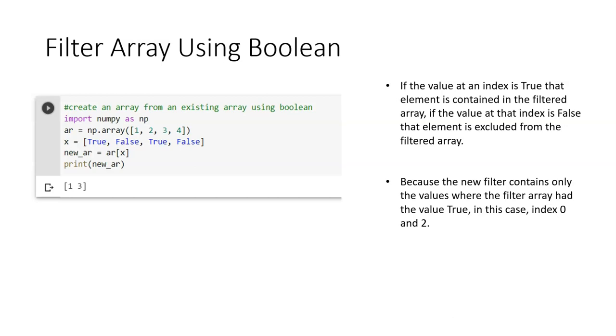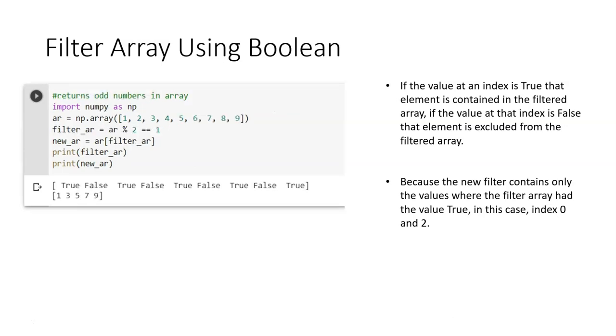Right? Here we are creating a new array itself using Boolean. Okay? Clear? So you are looking for odd numbers in the array. Right? Using the Boolean concept, it is coming as true, false, like this. You understand?